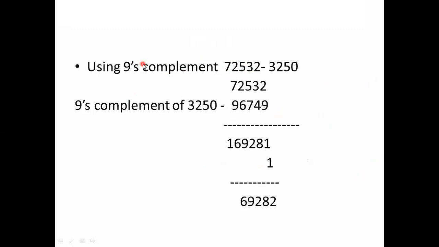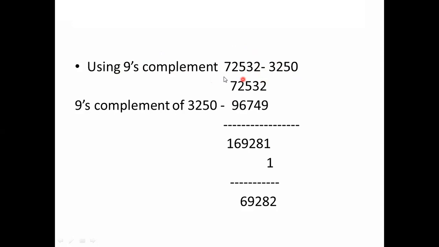We use 9's complement and 10's complement for the decimal number system. So the example we took here is 72,532 minus 3,250. This subtraction is done by using the nines complement.